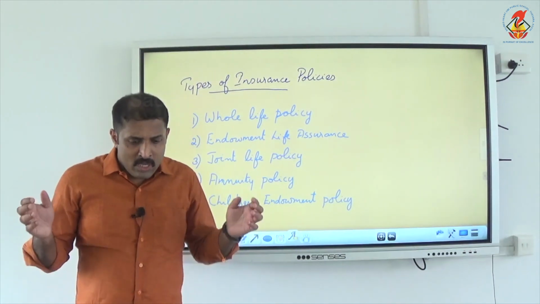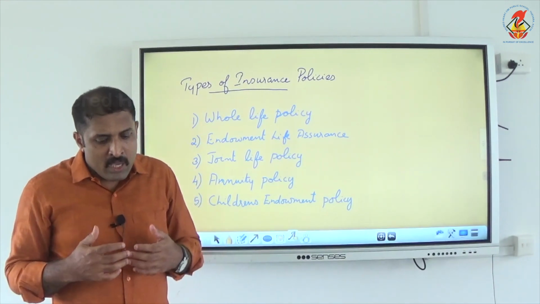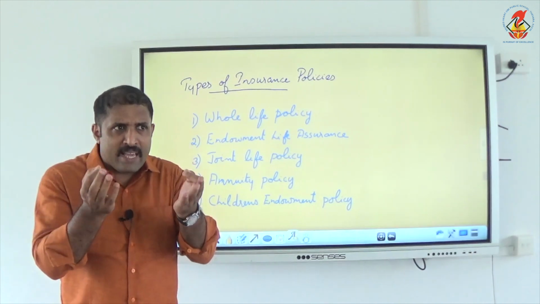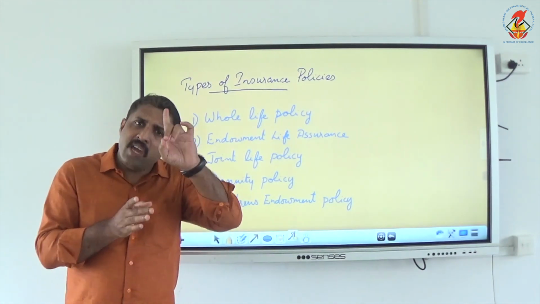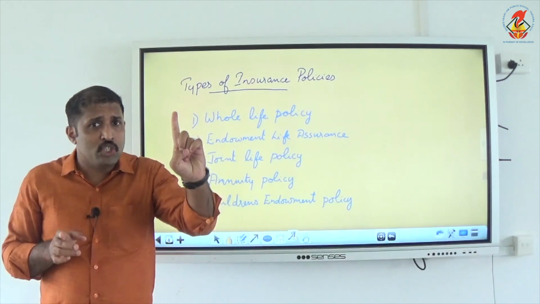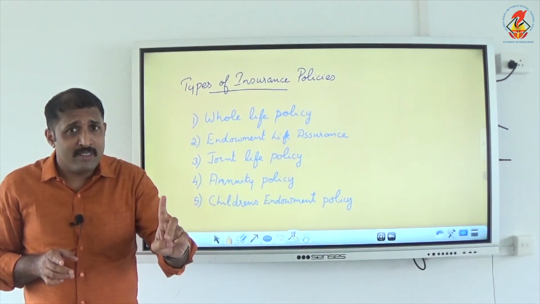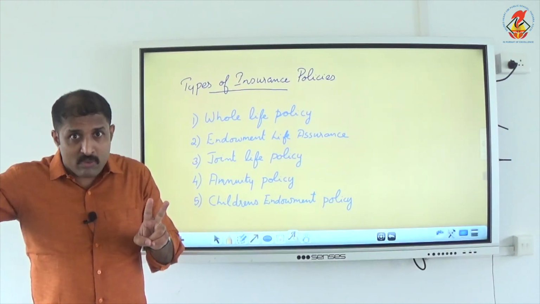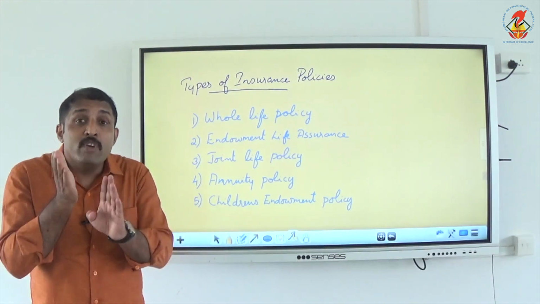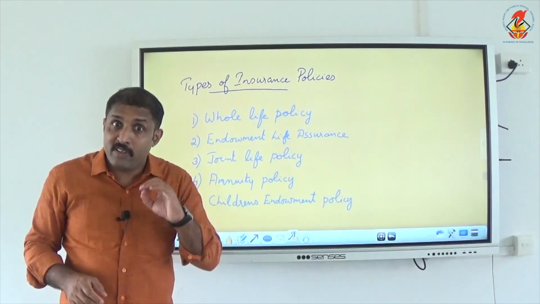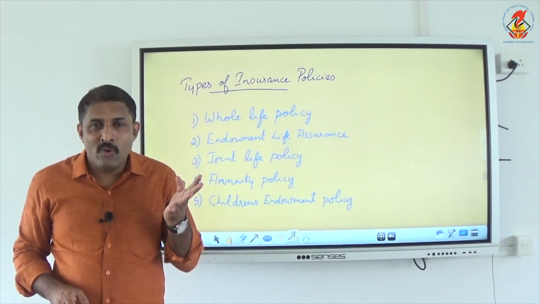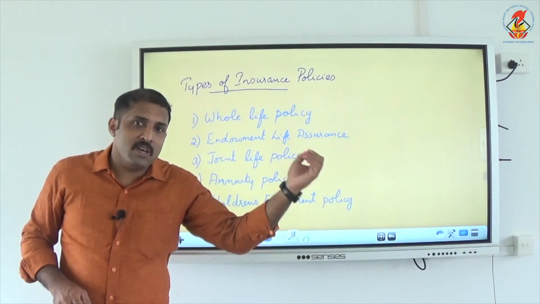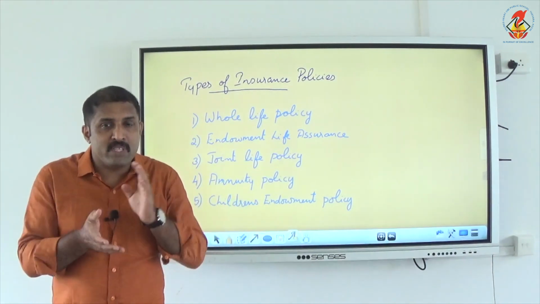An endowment policy is a policy whereby the insurance company agrees to make a payment either on the death of the insured or assured, or when he attains a particular age, whichever is earlier. So, either it will be paid at the death or when he attains a particular age, whichever happens earlier.